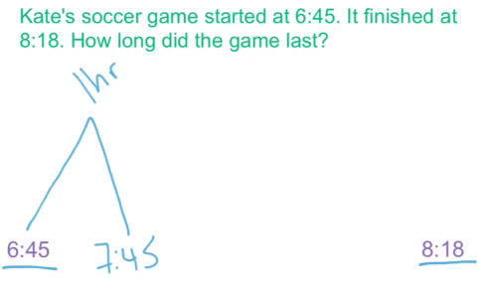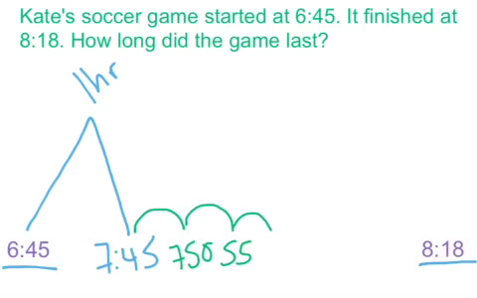Okay, and then I'm going to add some hills because I know if I do another mountain, I'm going to be way past 8:18, and I don't want to do that. So I'm going to go 7:45 plus 5 minutes would be 7:50, plus 5 more minutes would be 7:55, plus 5 more would be, oh my goodness, 8 o'clock.